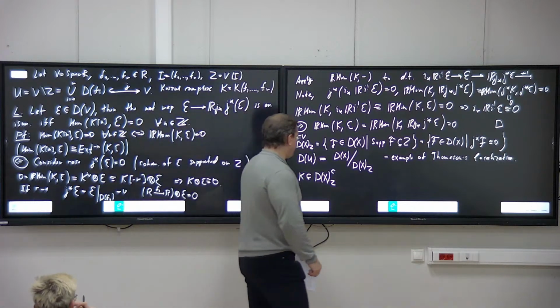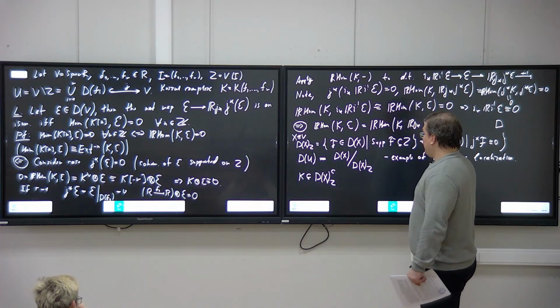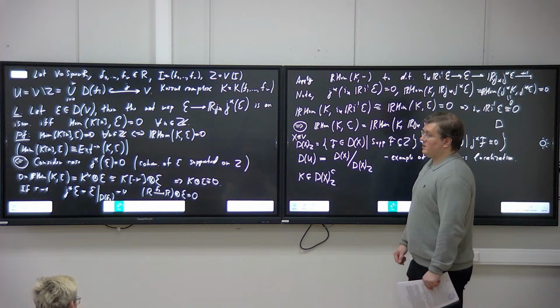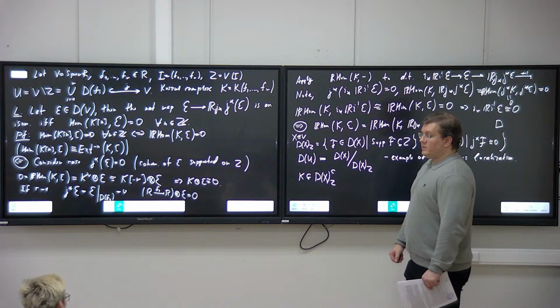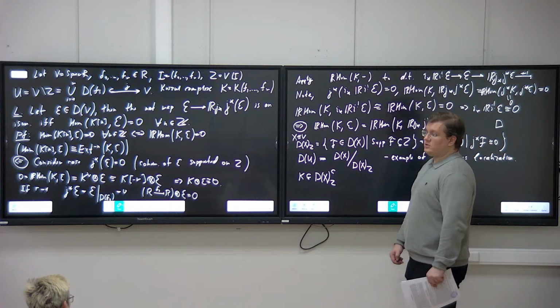From where do we know that D of U is isomorphic to it? Well, this we know just by general algebraic geometry, because you get the corresponding statement for the abelian situation.